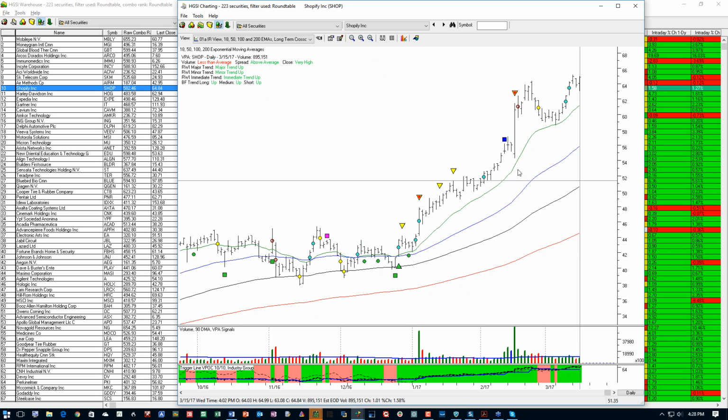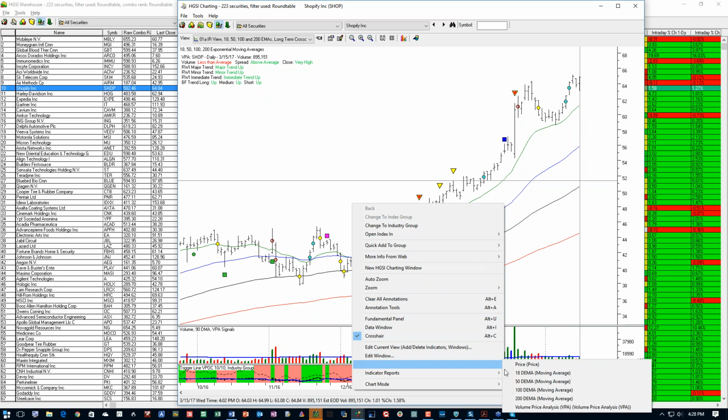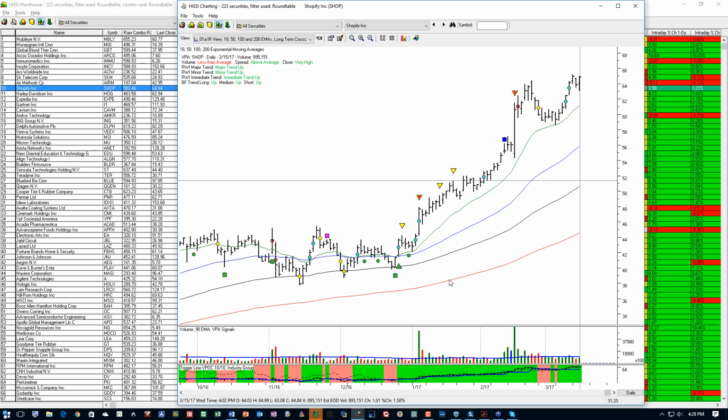And there it is. Now notice that these bars are pretty thin, Bill. So what I would do is I would edit the price, and I would go back in here and select the second bar. The volume is actually the third thickness, but that would be a little bit too thick. Now this is all a single color.